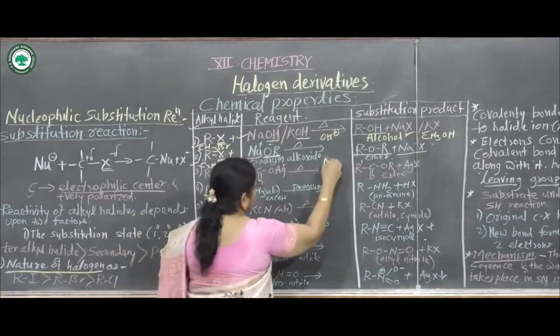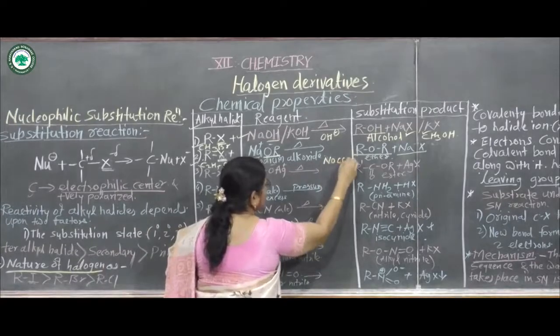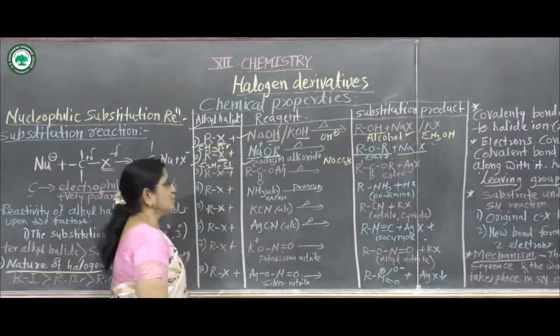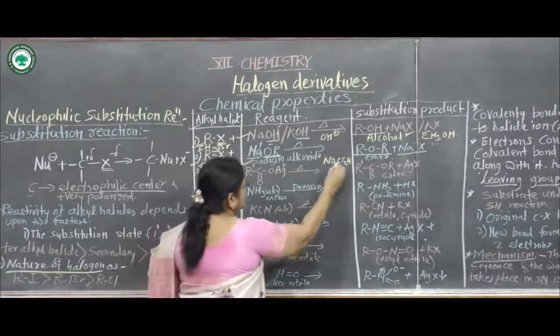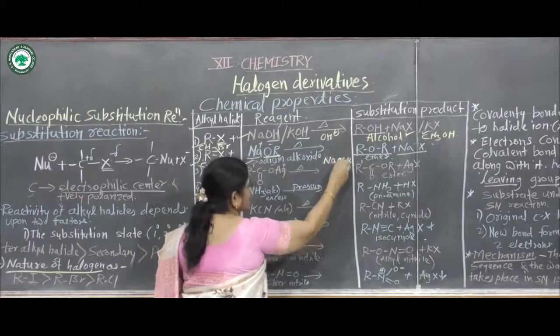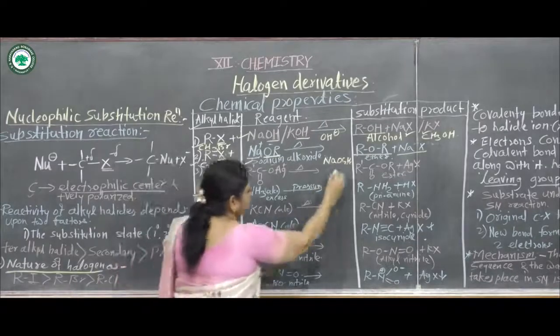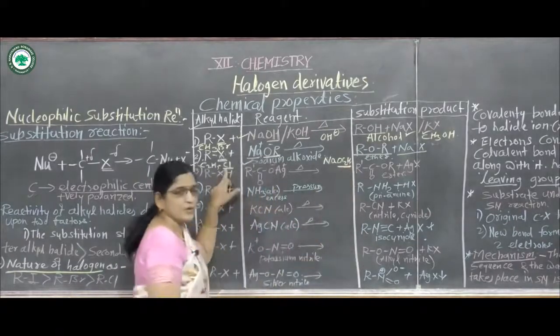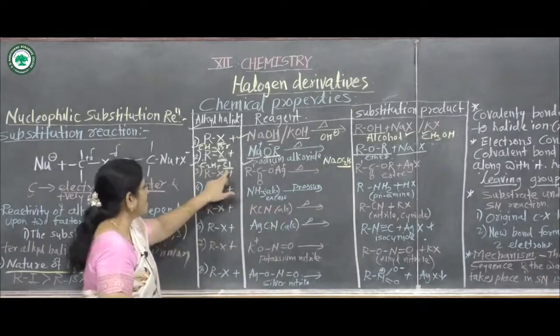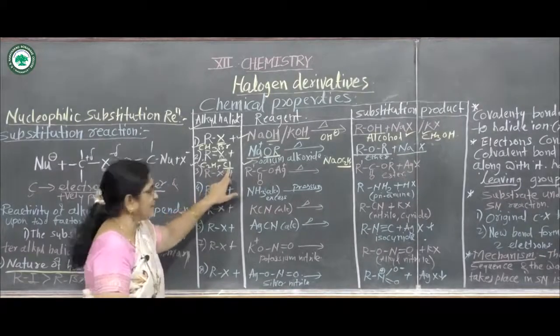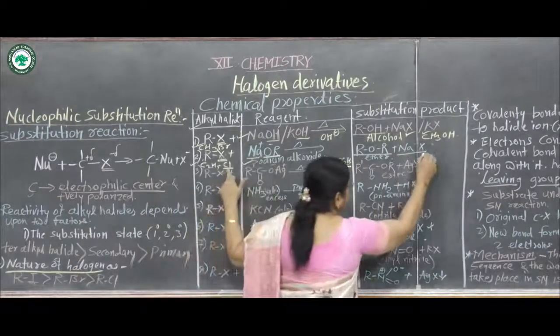Here take NaOC2H5, that means sodium ethoxide. If this reacts with sodium ethoxide, then the ethoxy group, OC2H5, replaces the chlorine atom, and it gives which ether here?